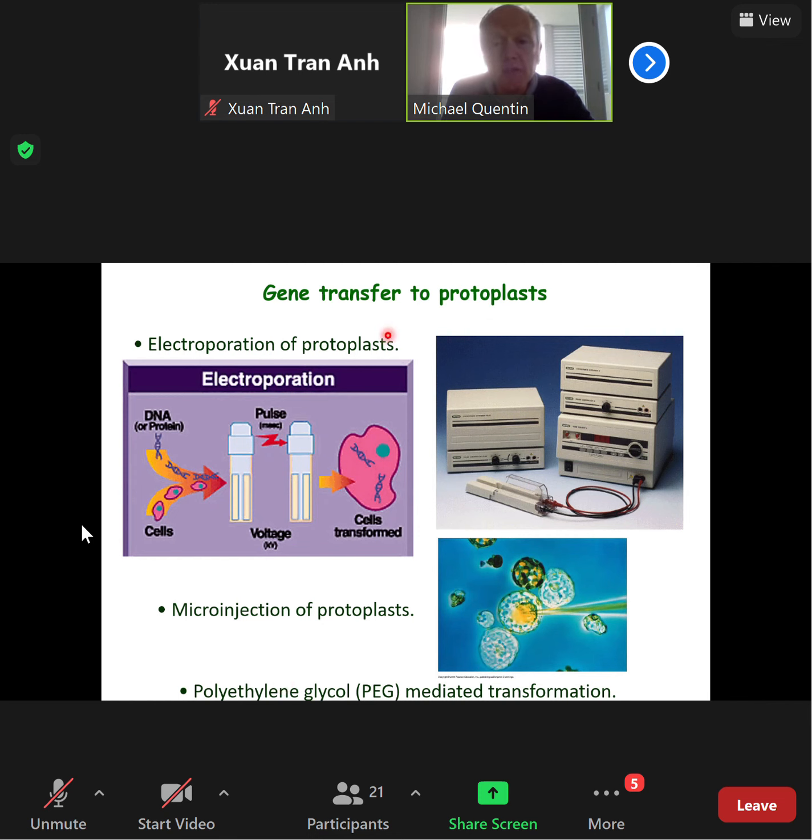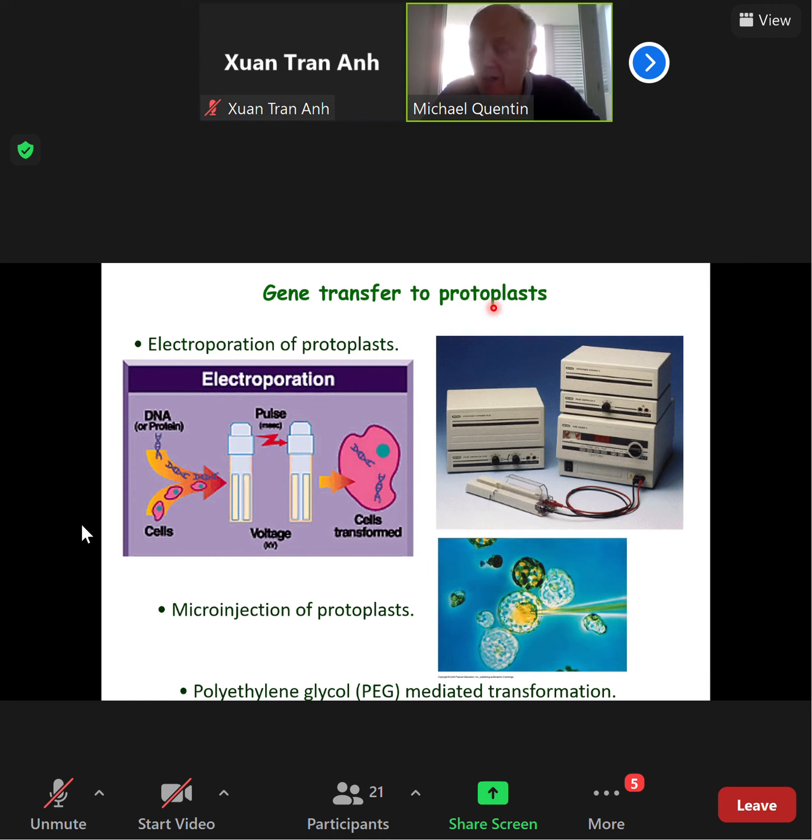So this is an alternative to the use of Agrobacterium tumefaciens. Still, it's not so easy to make protoplasts out of plant tissue, and protoplasts are very fragile. So it's an alternative which is used only for some plant species, I would say.